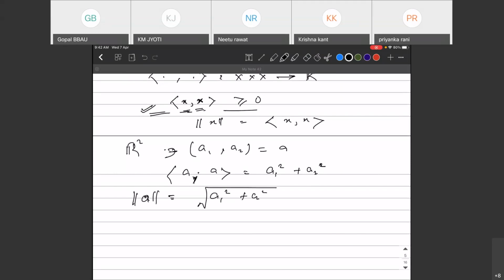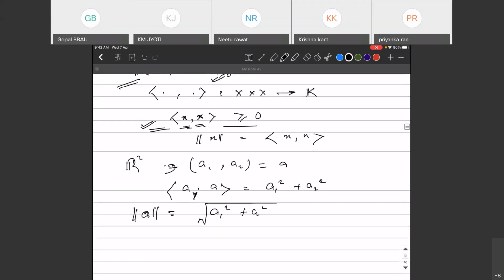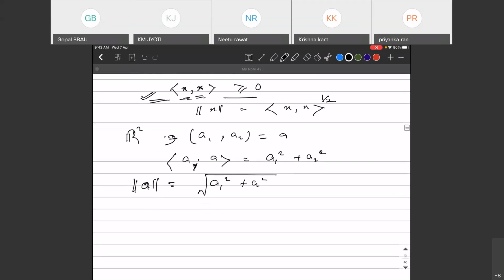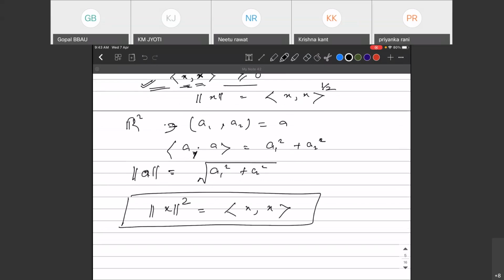So what you do is take the square root of this inner product. So we define norm x as the square root of (x, x), or norm x square equal to the inner product (x, x). Okay.